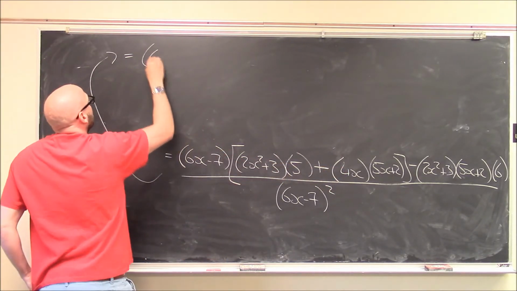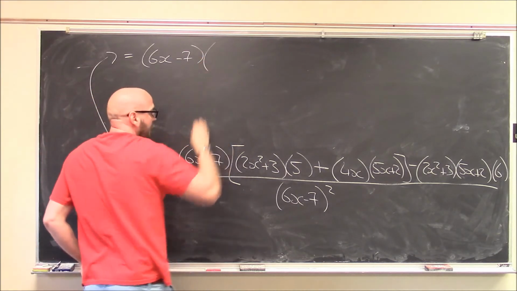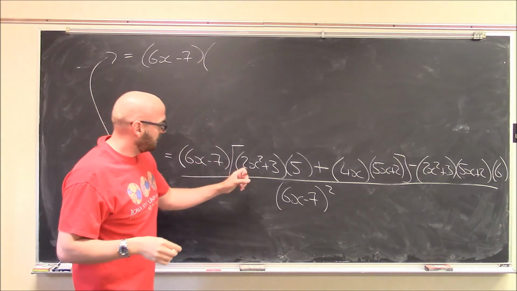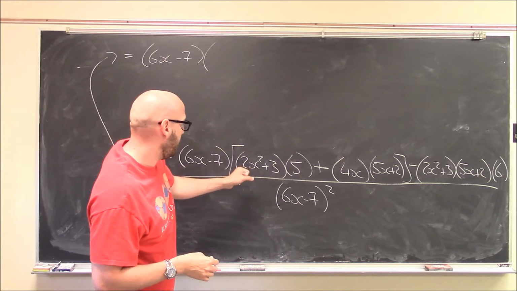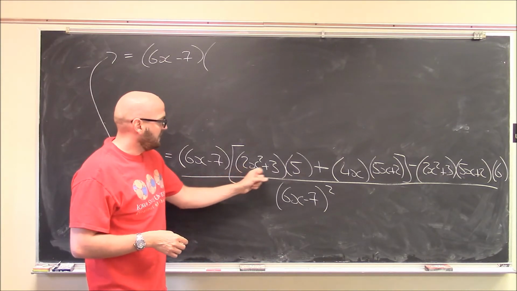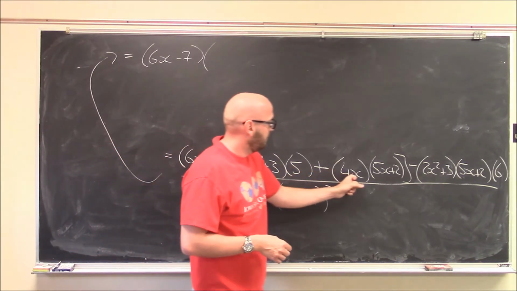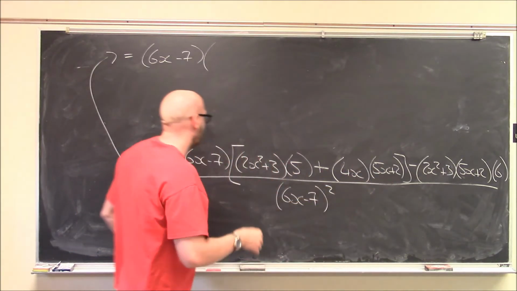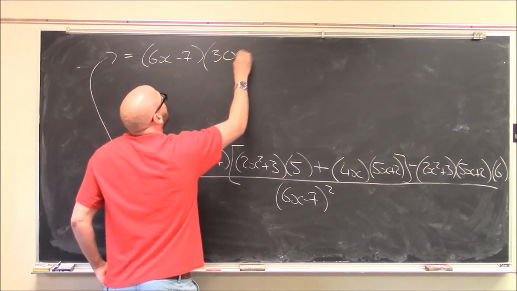So we're going to have 6x minus 7 times, we'll do a lot of this in our head. How many x squareds do we have? We've got 10x squared from the first expression, plus 20 more from the second expression. So 10x squared plus 20x squared is 30x squared.